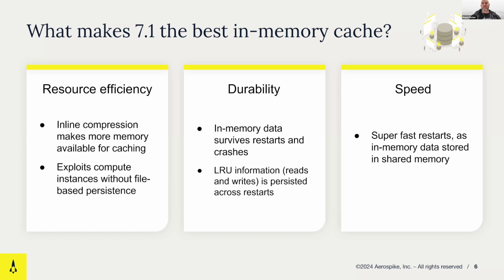We talked about the persistence of things like LRU information, right? It's actually the read becomes a touch operation that is communicated to the replicas, and you're not losing the information related to the reads even. So all of these things, whether you're using in-memory with persistence, like a database, or you're using in-memory without persistence at all, like a cache, you still get great durability and speed and great efficiency.